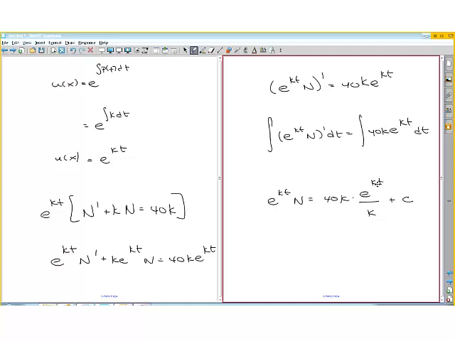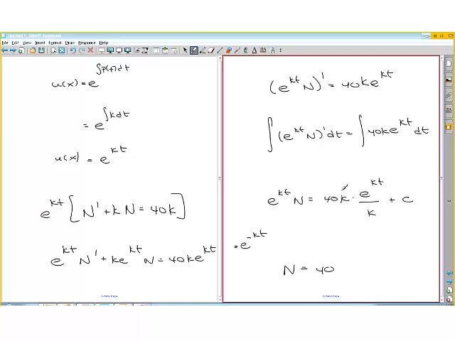If it had been e to the minus kt, the answer would be negative e to the negative kt over k. So that's the only difference. We're going to multiply by e to the minus kt. So when we do that, this will just become N. The k's cancel out, so you get 40.